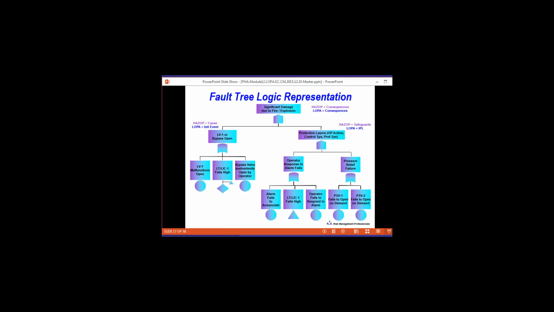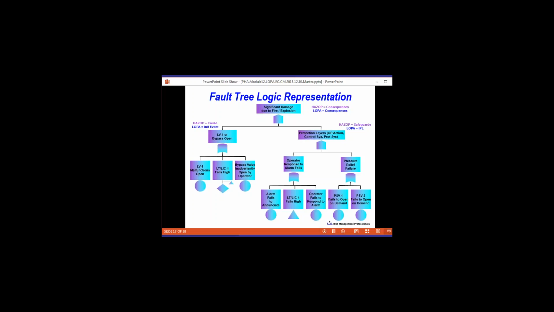Kind of to help us pull all this together, it's important to realize that all the hazard analysis techniques are scenario-based assessments. This one slide, I think, says a lot with respect to how these things integrate. This is a simple gas blow-by case where we're looking at a simple fault tree representation.